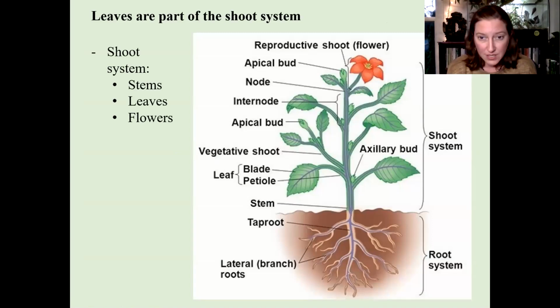And when I showed you this last time, I pointed out that there's a root system at the bottom and a shoot system above the dirt. Look here on the left, the shoot system is made up of stems, leaves, and flowers. Well, this is the leaf lecture, and so we're going to talk about the leaves of the shoot system.